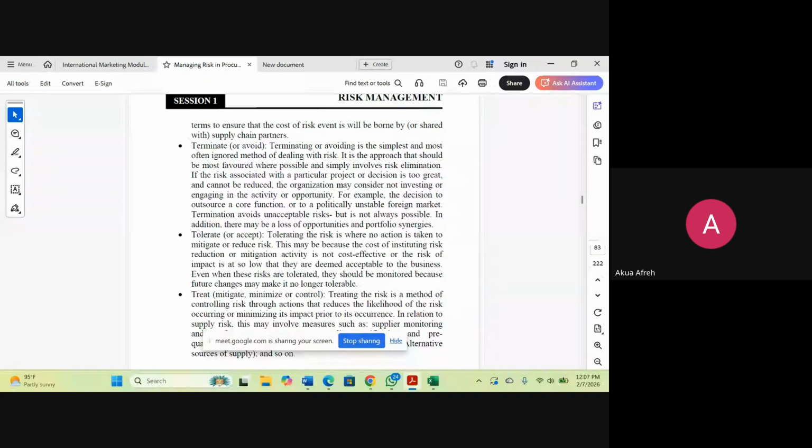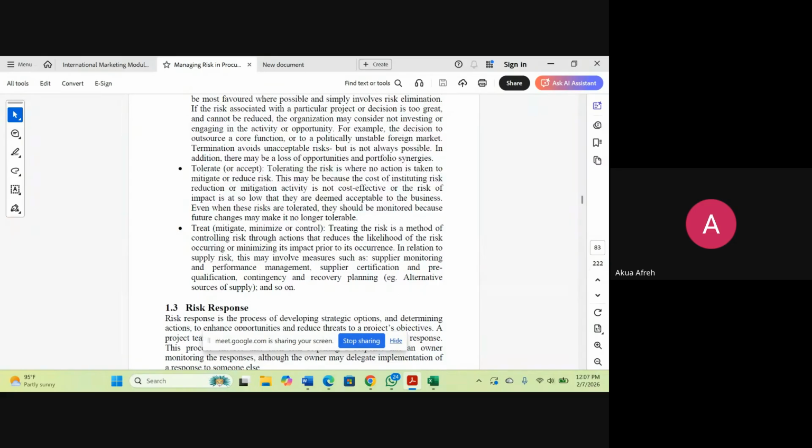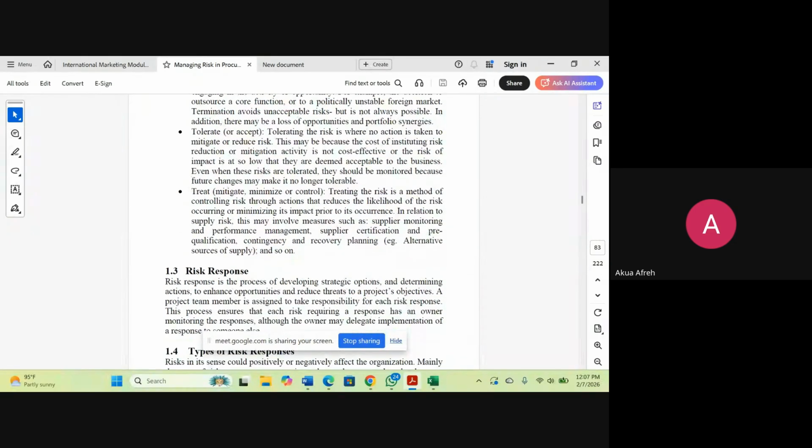Then we will talk about the third T, which is tolerate. Tolerate, as we all know, is when no action is taken to reduce the risk.